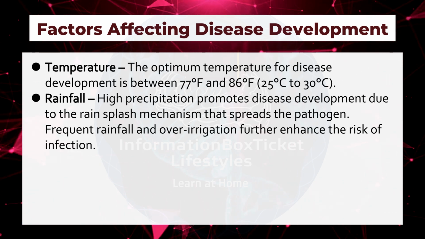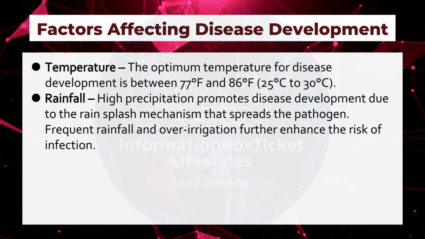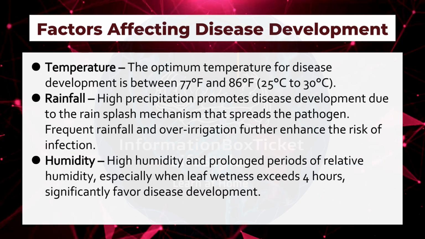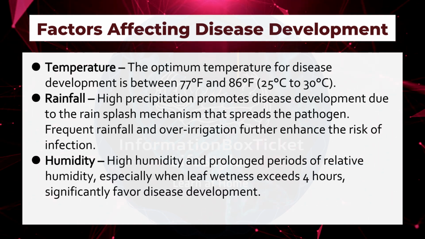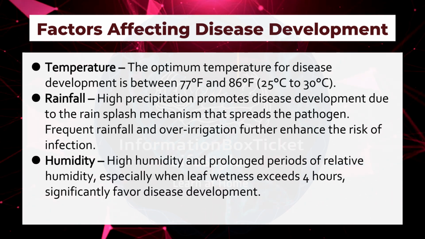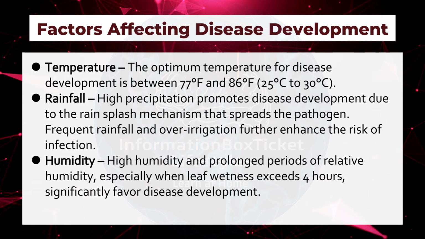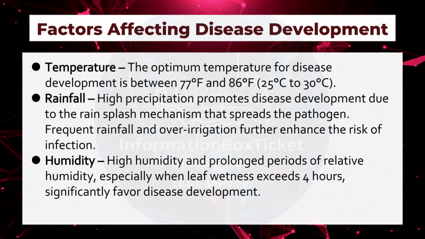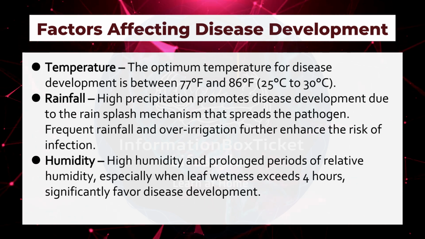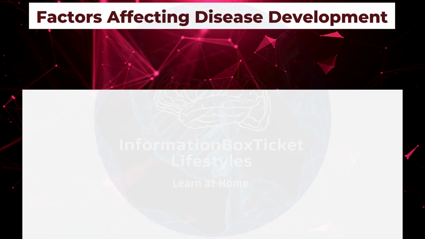Frequent rainfall and over-irrigation further enhance the risk of infection. Humidity. High humidity and prolonged periods of relative humidity, especially when leaf wetness exceeds 4 hours, significantly favor disease development.